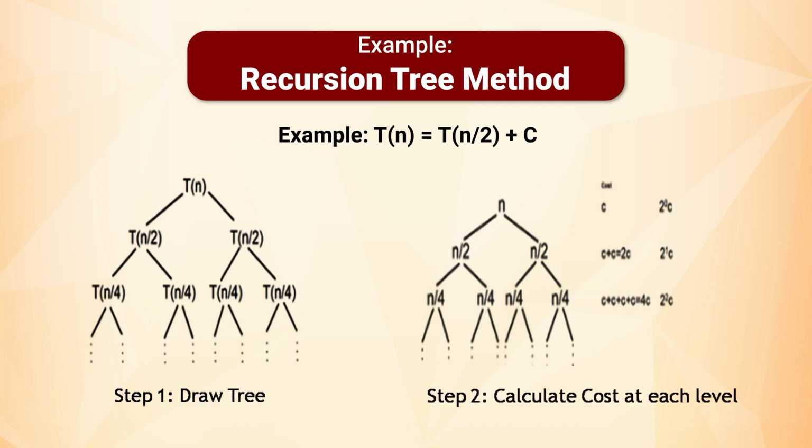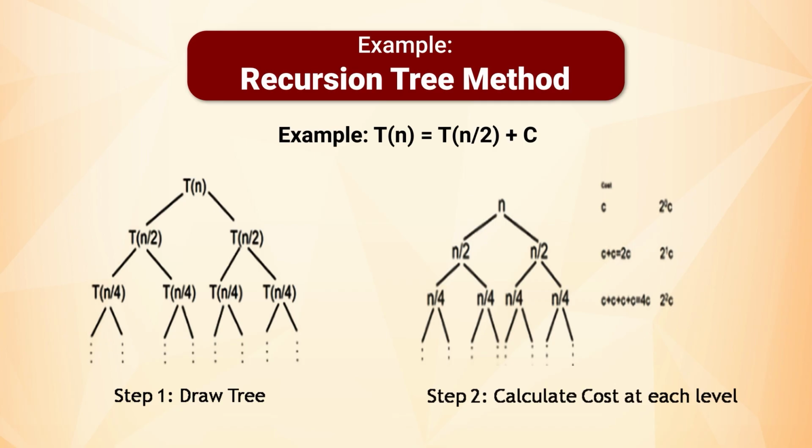If the number of inputs equal to n, that cost will be C, that is you can write 2 to the power 0 into C, and n is divided, that is the problem is divided into two parts, n by 2 and n by 2, and that cost is C, because at each level when the problem is divided into half, the cost associated is C. So, n is divided into 2 halves.